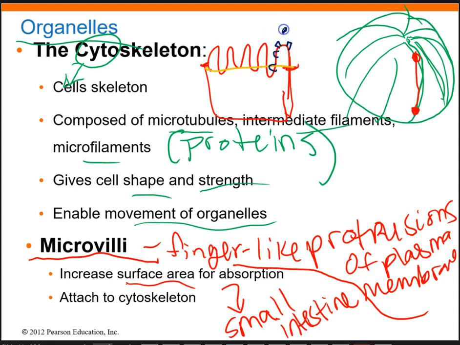They take nutrients from the GI tract, and they get absorbed into the cell and then into the body. So the fact that these microvilli make the plasma membrane really curved means we can fit more of these transporters, which means we can absorb more nutrients. So microvilli are really important in the small intestine, part of the GI tract.